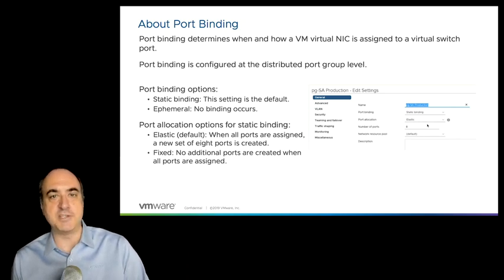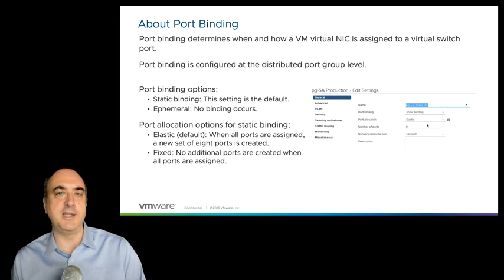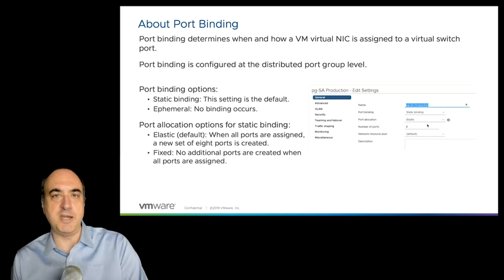The port group has what's called an elastic port allocation policy, where anytime we start adding more VMs to a port group than there are actually ports present, the port group will add 8 more ports for you automatically. So it basically is an elastic, auto-growing set of ports on every port group.